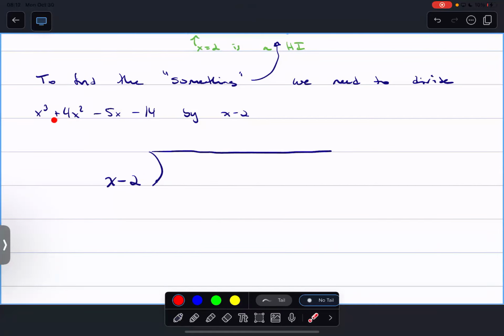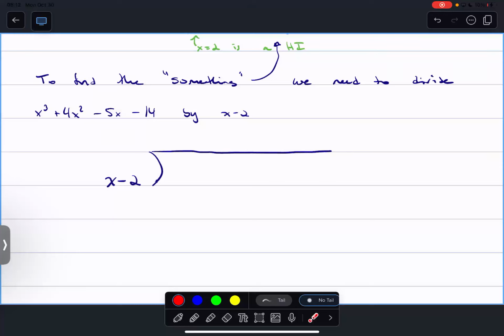And one of the things that I want to make a note of is if you have a 0 coefficient, for example, this 5x was missing, then I would still write out the plus 0x, so that you have all your powers of x, because they're going to be placeholders.